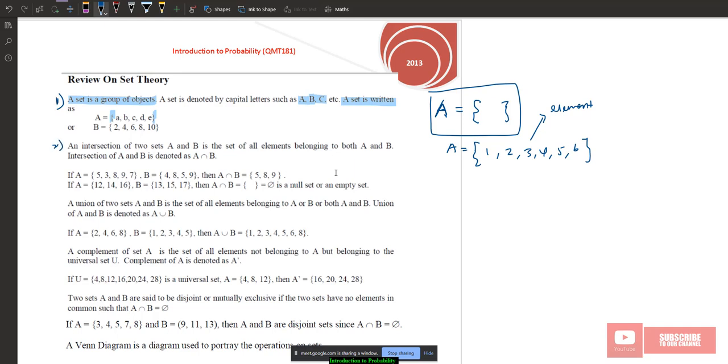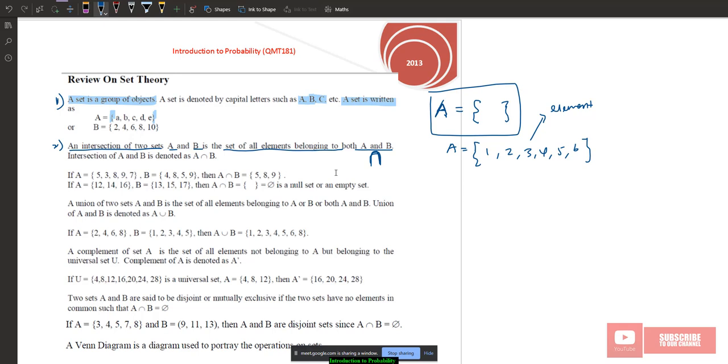The second part: an intersection of two sets A and B is the set of all elements belonging to both A and B. The intersection symbol is this one, which looks like an upside-down U, like a U-turn.